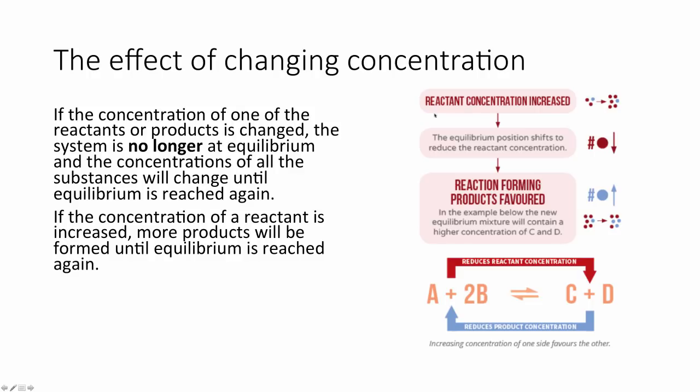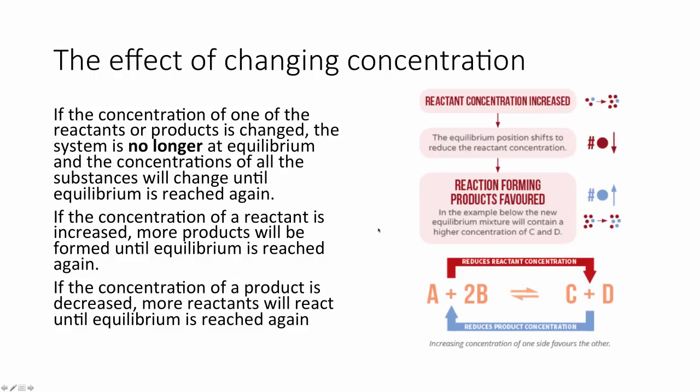For example, if we increase the concentration of a reactant, represented by the red balls, the equilibrium position will shift to reduce the reactant concentration, that is, favouring more products. So therefore, the reaction forming the products will be favoured and the rate will increase. In the example below, the new equilibrium mixture will contain a higher concentration of C and D.